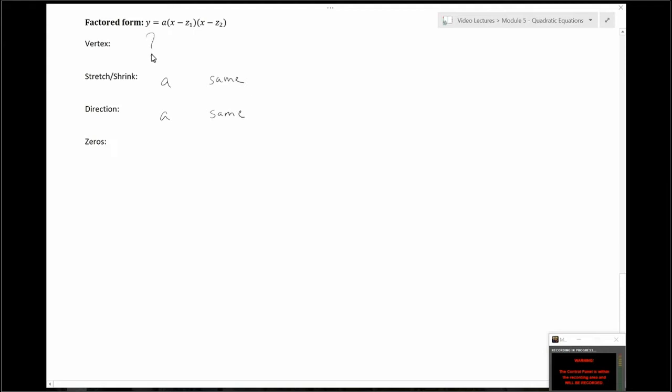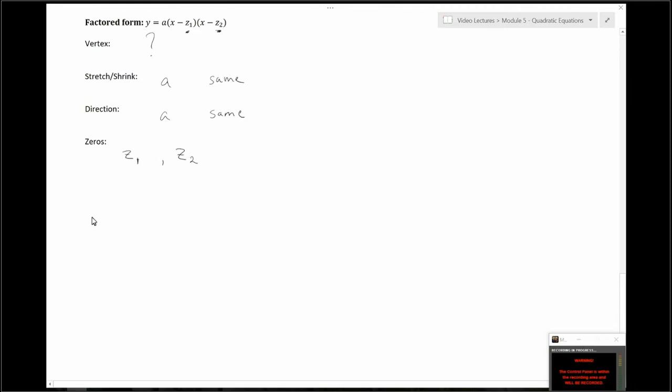It's kind of hidden. I can't see what that h or k is. But what I can see in this form are my zeros, z1 and z2. So the idea behind factored form is I want to use factored form when I really want to know what the zeros of the equation are.